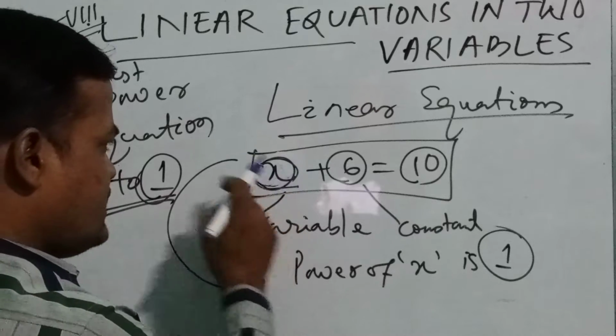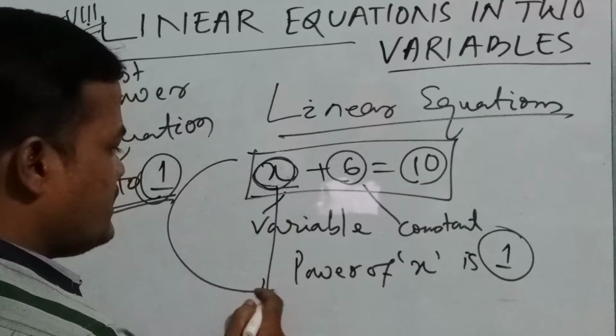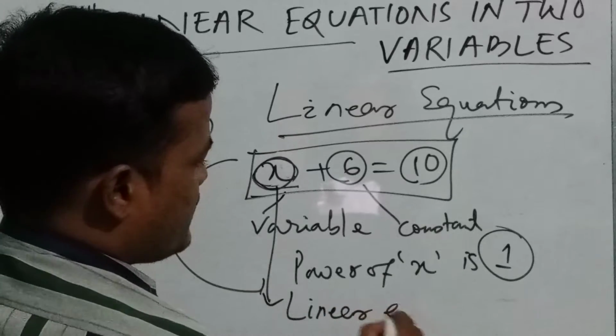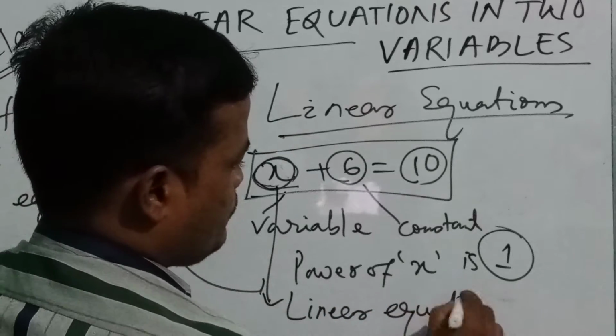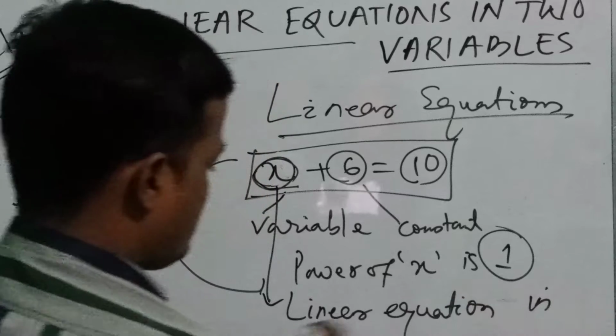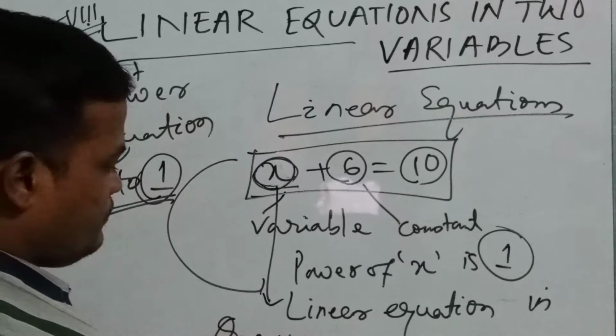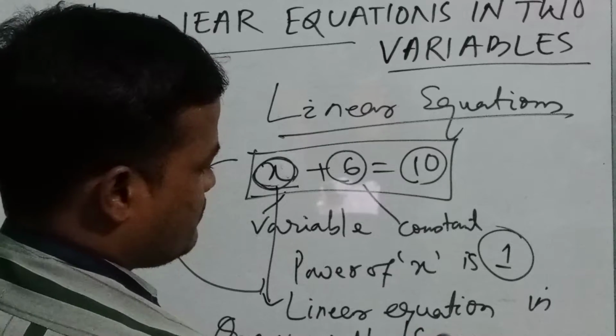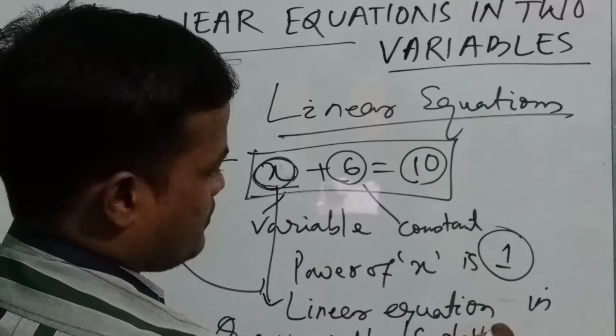So this is called a linear equation in one variable, or single variable.